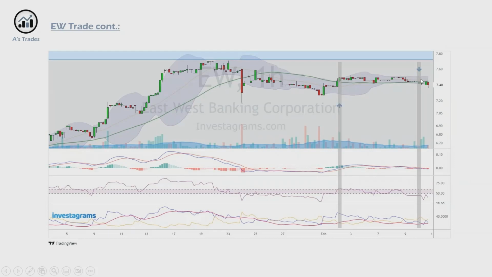But I ultimately sold at a loss on this candlestick right here because of poor criteria as shown by the indicators. So all indicators are in the red. The MACD, the price is below MA50, RSI went below 50, and the DMI negative is already above the DMI positive, which is the blue line.